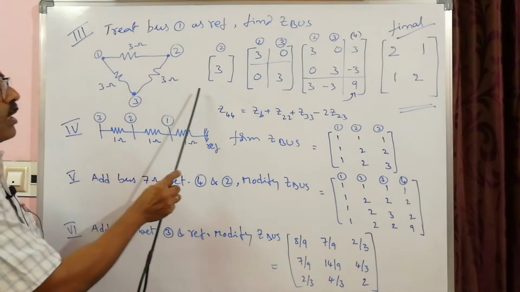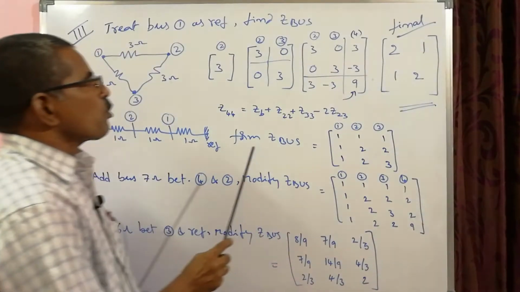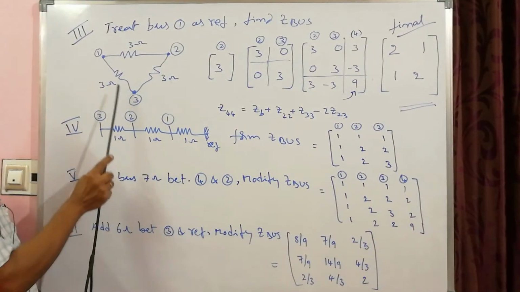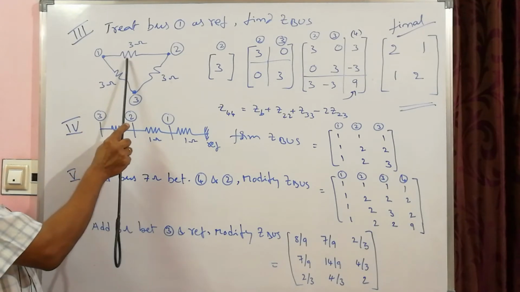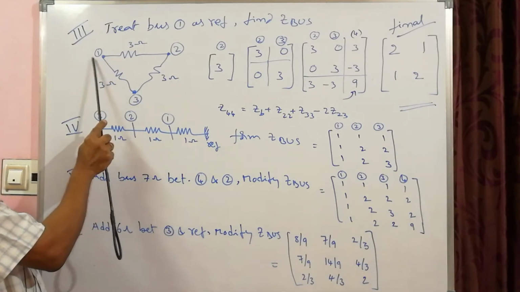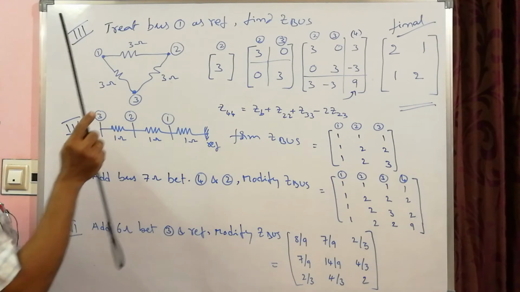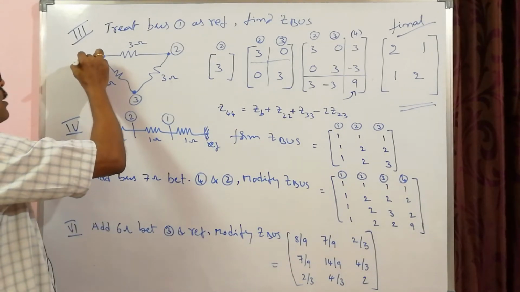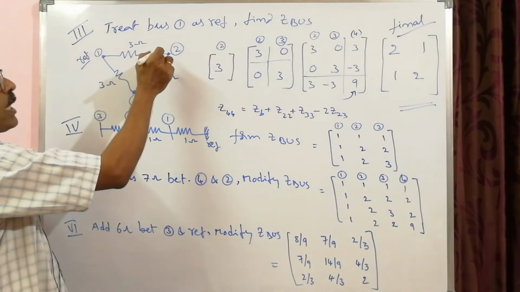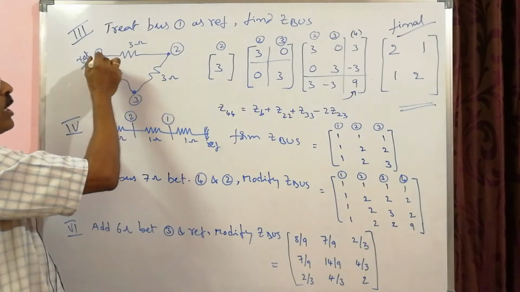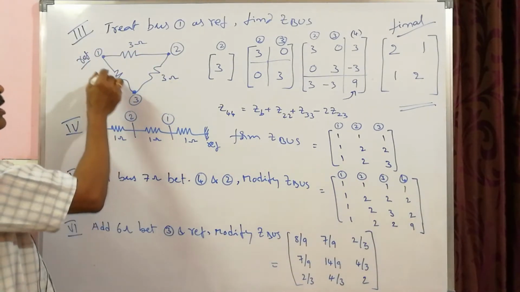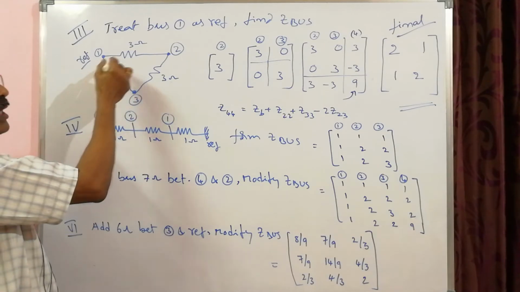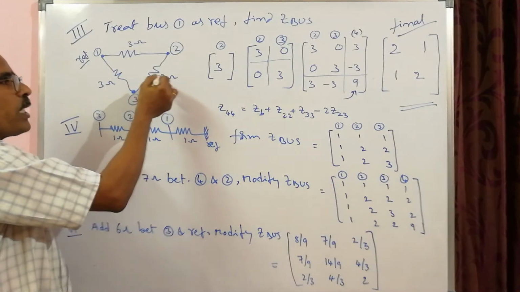So I am just writing the steps one after the other. I am considering this 3 ohms between 2 and 1. This is reference. Okay, you are asked to take 1 as reference. So once this is taken as reference, adding 3 ohms between 2 and reference, adding 3 ohms between 3 and reference, and then adding 3 ohms between 2 and 3.